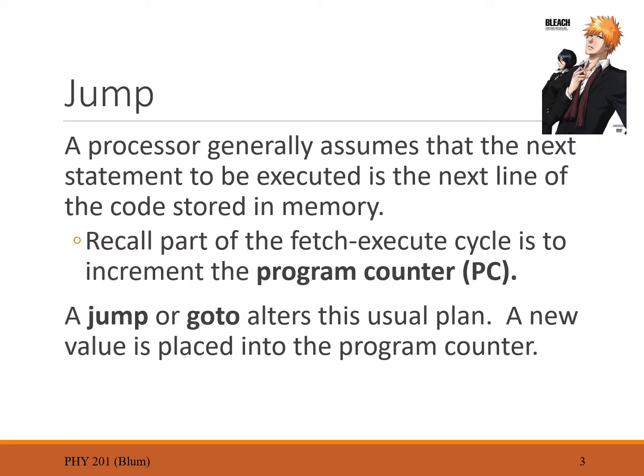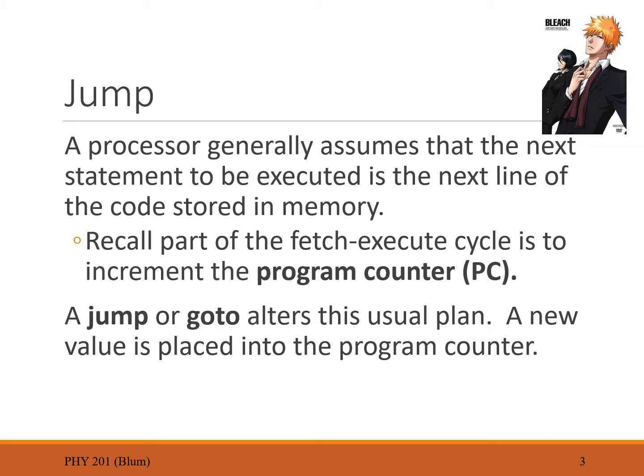Next, let's imagine a jump or goto instruction. Let's imagine it was at location 12. So the program counter was pointing to 12, and we go to 12 and we get this jump instruction. And part of the fetch cycle moved the program counter from 12 to 13. That's our normal progression through a program, is linear.